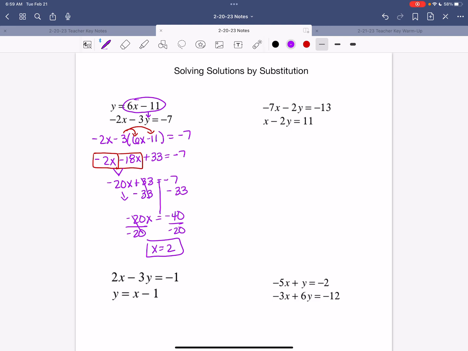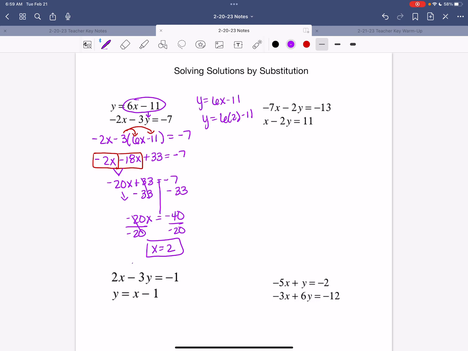Now from there, same thing as we've done, you're going to take that x and plug it into your equation. So you're going to have y is equal to 6x minus 11. You take that 2 and substitute it into the equation: 6 times 2 minus 11.